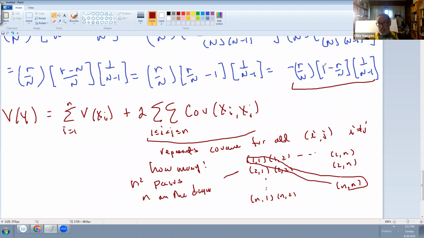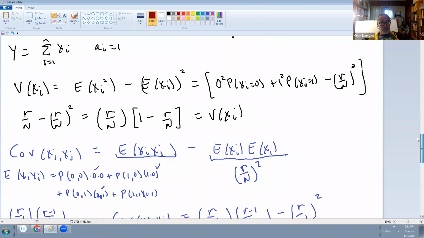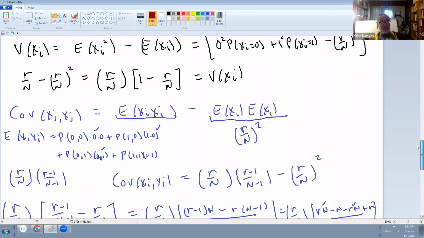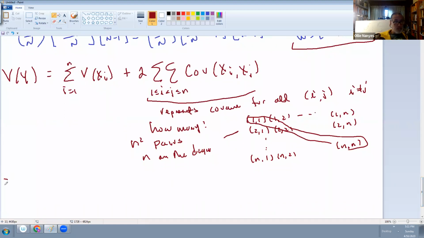And those are represented here. So this thing here that includes a 2, what we have is these variances here, and there's n of them. And just to remind you what they are, the variance of all this is we have n times these. So it's n, r over n, 1 minus r over n. And then we have, in this case, minus, well, how many are these going to be?